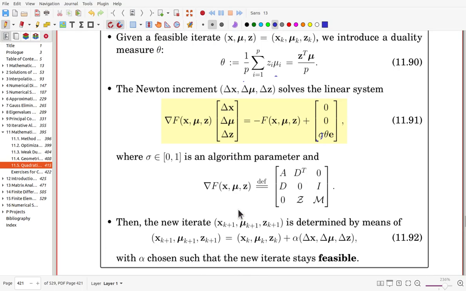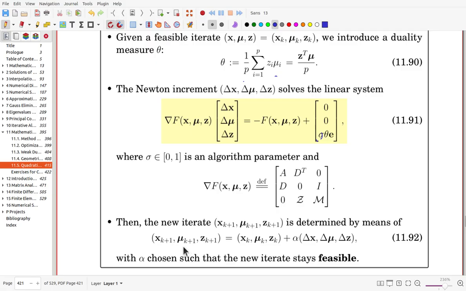Then once the correction term is found, from the current iterate, we add the correction term with the scaling parameter. This one is required. If you choose this alpha too large, then probably the solution may go to the non-feasible zone. So try to choose some appropriate alpha such that after this increment, the new iterate will be a feasible solution.